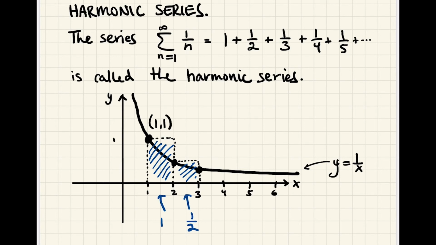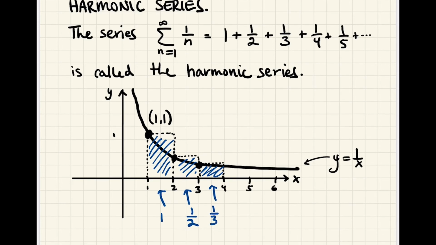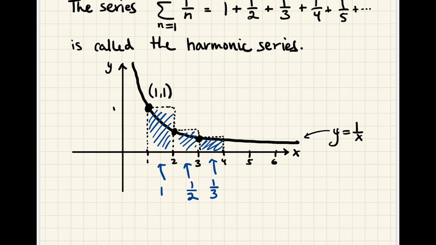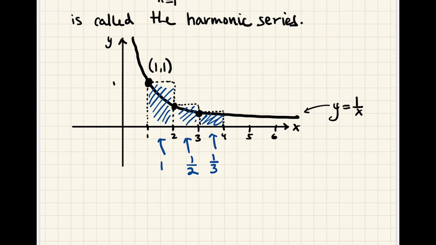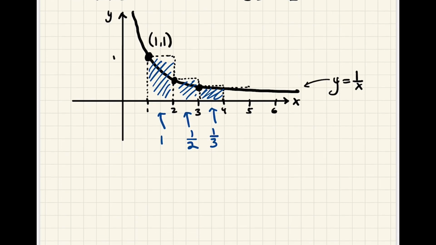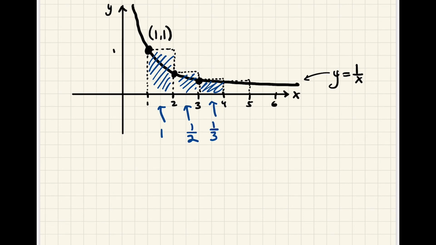Then f of 3 is 1/3. So this particular rectangle has an area of 1/3, because it's got a height of 1/3 and a width of 1. In fact, all of these are going to have a width of 1, so their height is just going to be 1 over whatever it is, right? So this guy has an area, this guy has an area.